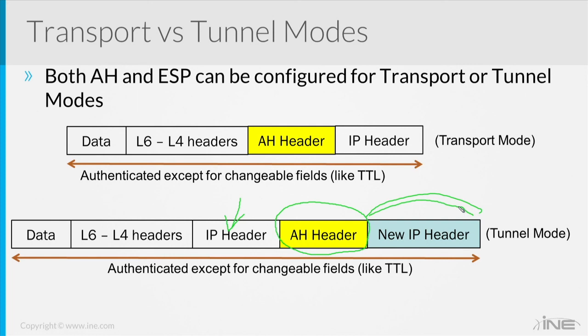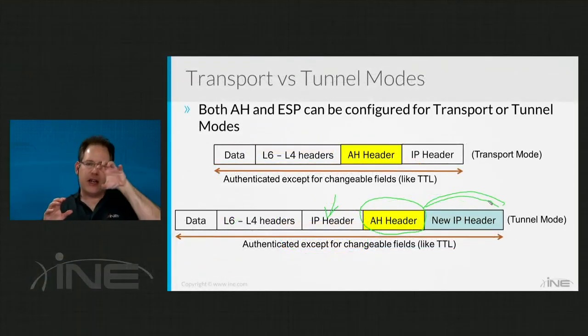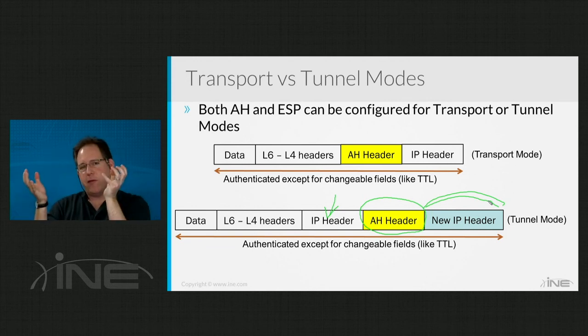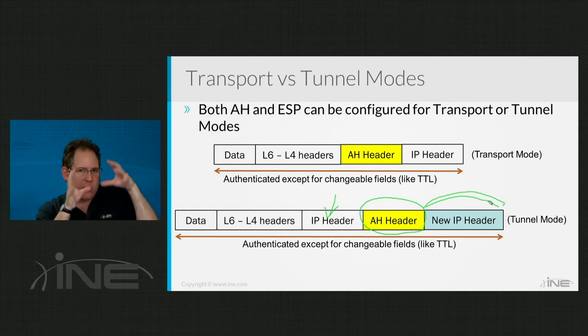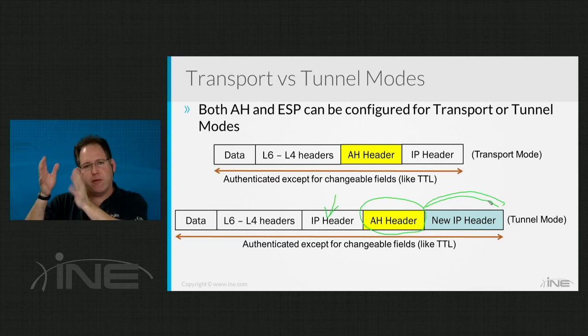If you're familiar at all with tunnel interfaces, whether a tunnel interface is doing GRE or IPv6 tunneling or whatever, you know that the main concept of tunneling is that some data comes into my tunnel interface and I put a new header on the front of it and it pops out. So when it pops out, the original data is sort of hidden and there's a new header in the front.